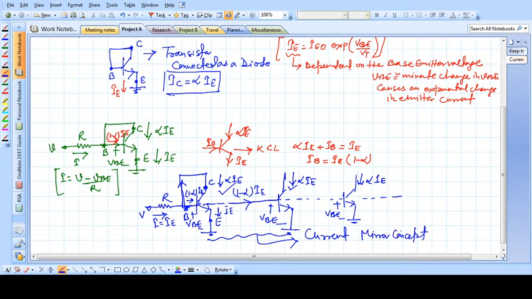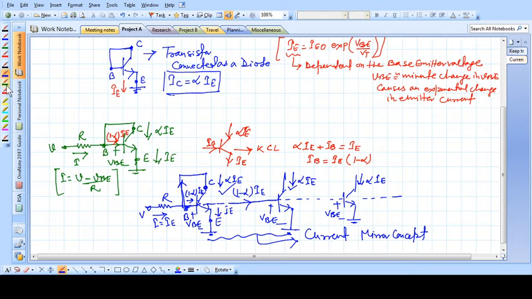In most of the books you can find this current mirror concept by using a simple circuitry. I will show you, but before that I want to add a few more points.